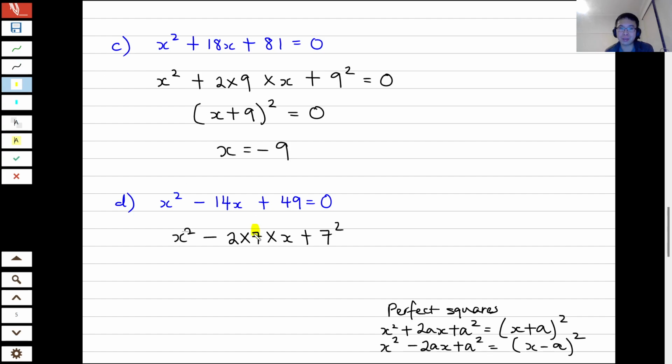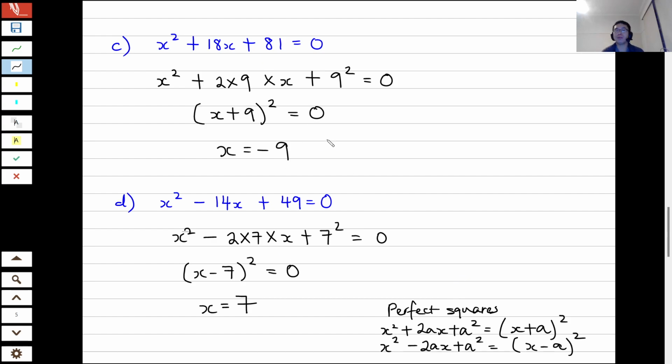And notice that the 7 is the same number in both the middle and at the end, so I can use the perfect square formula. So (x - 7) all squared equals 0. And that means what has to be in the brackets has to be 0. So x minus 7 equals 0, or x equals 7.